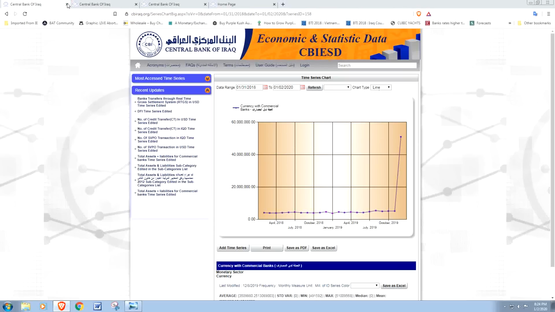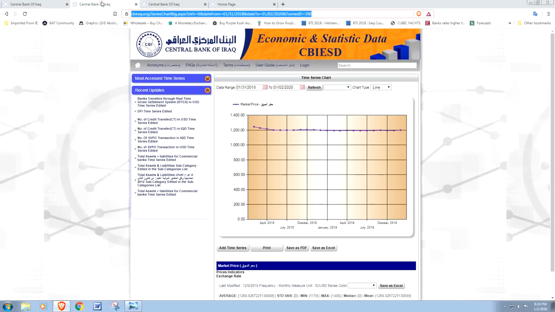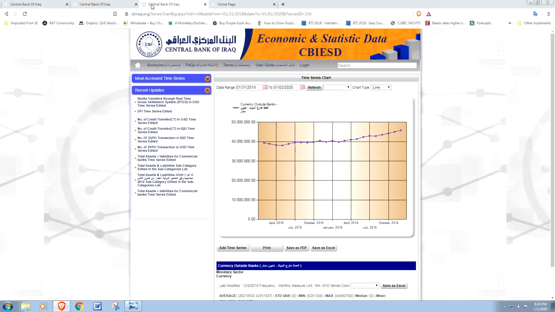This next graph is called currency with commercial banks. This is what he feels this is: the currency in commercial banks, this is the currency in Iraq. He's saying there's approximately 5 trillion dinars in Iraq. And then if you come over here, you have currency outside banks.